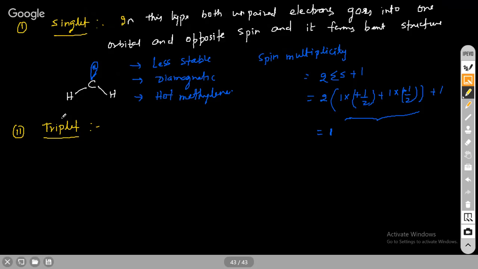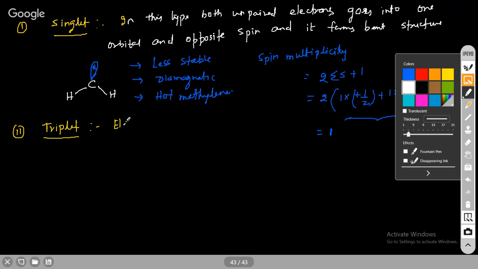First, write down that in this type the electrons go into different orbitals with the same spin.